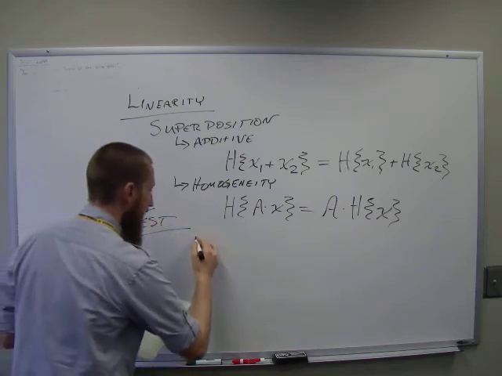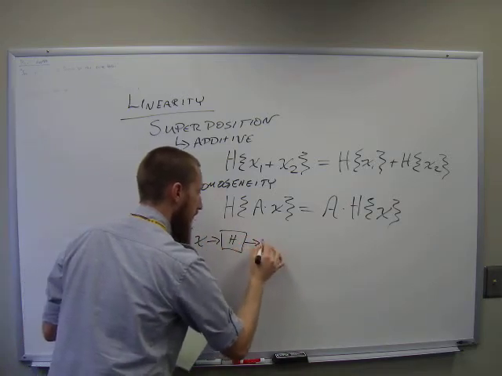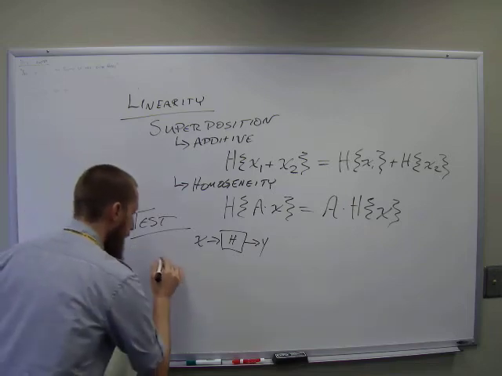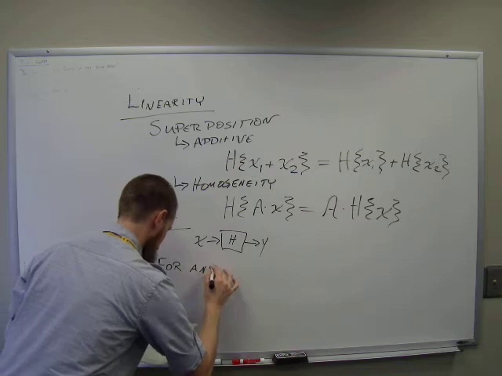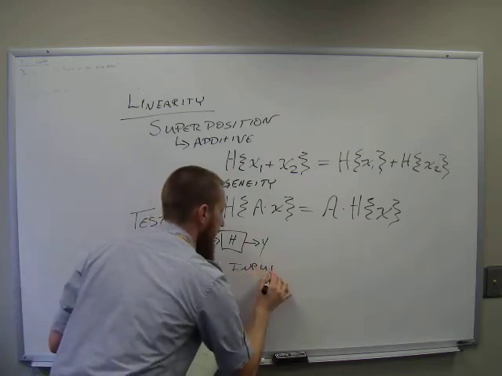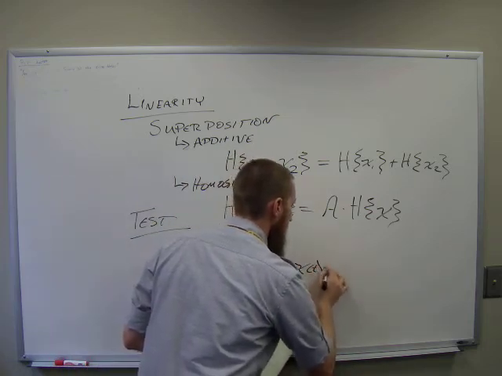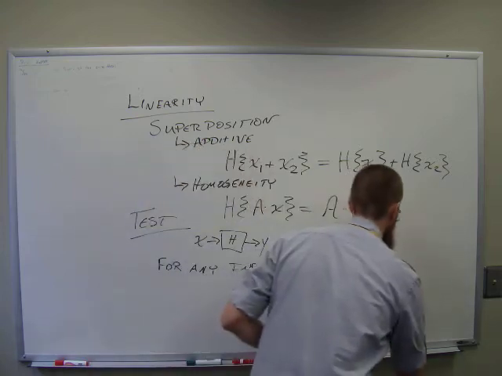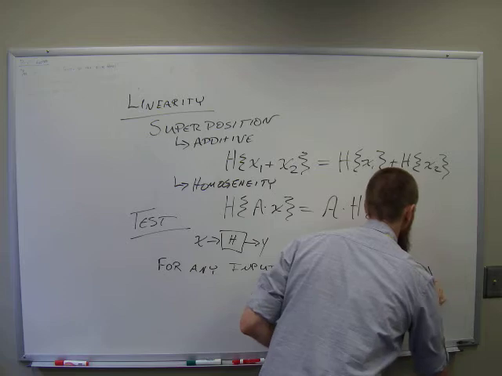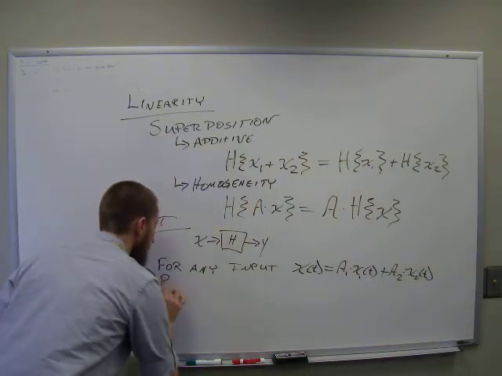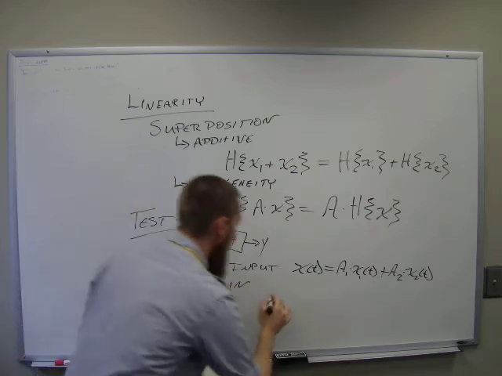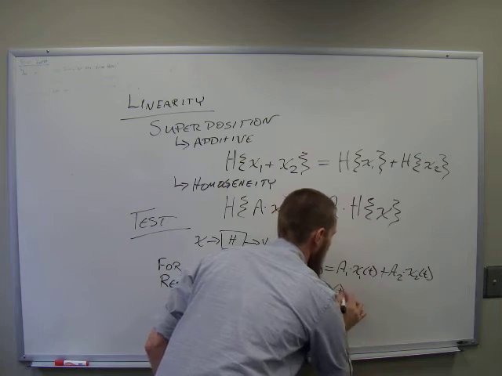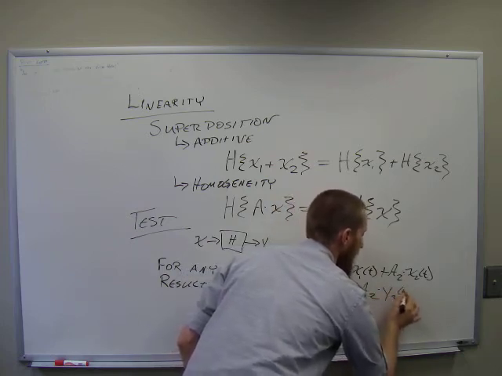If you have a system H where the input is a signal x and the output is a signal y, then for any input where x of t is equal to a1 times x1 of t plus a2 x2 of t, this results in an output of y of t, which is equal to a1 y1 of t plus a2 times y2 of t.